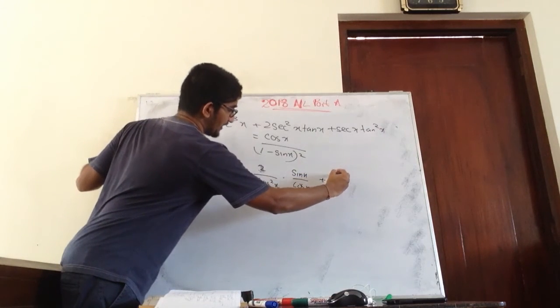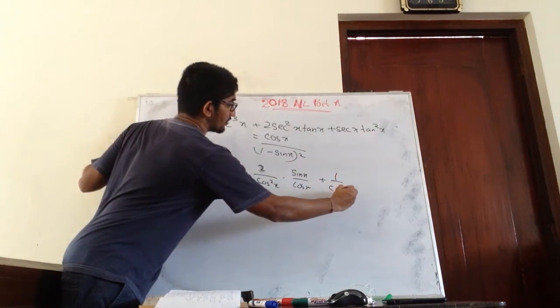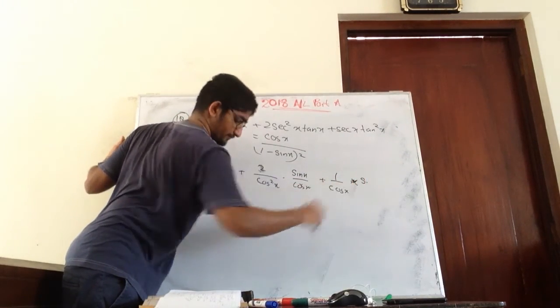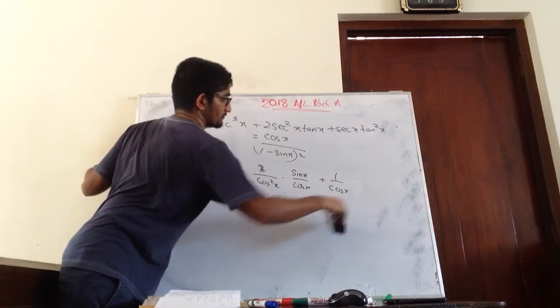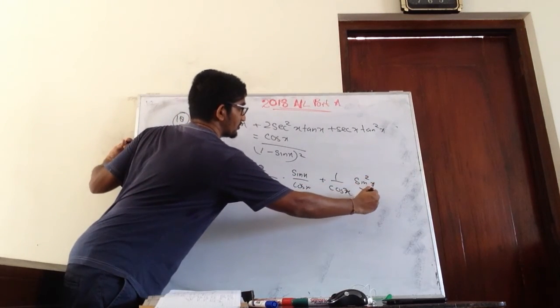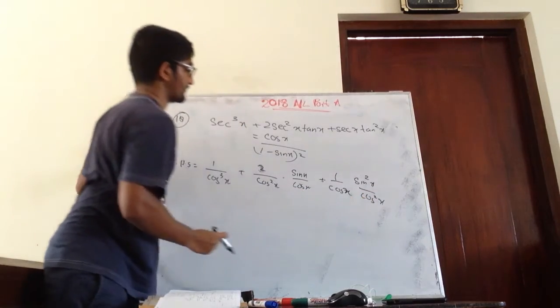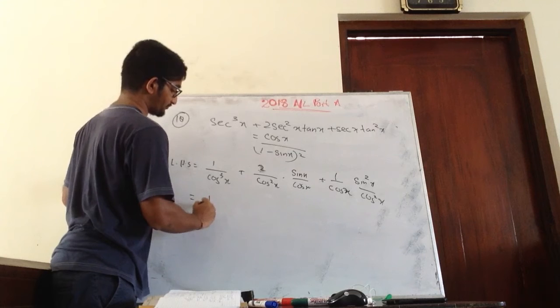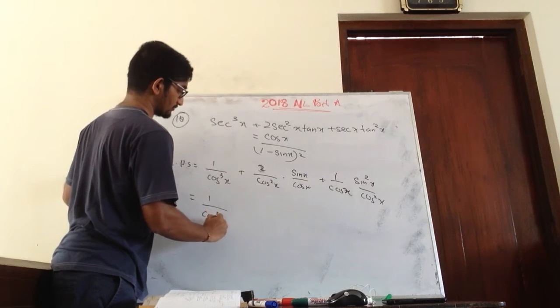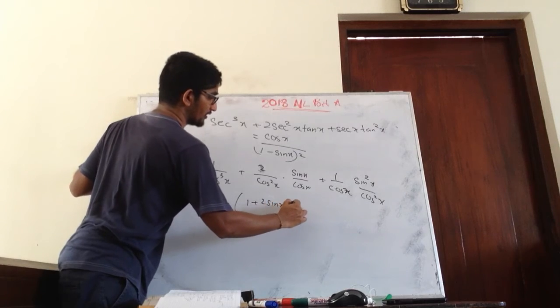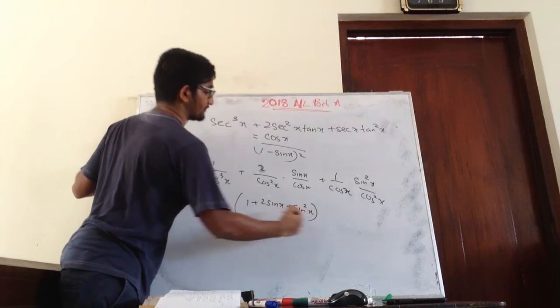Sec x is 1 over cos x. Tan squared x is sin squared x over cos squared x. So cos cube will be common here now: 1 plus 2 sin x plus sin squared x.